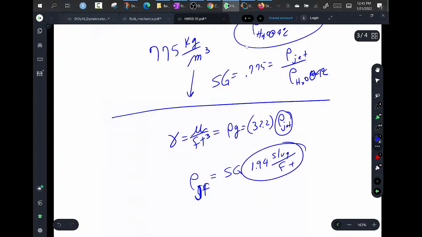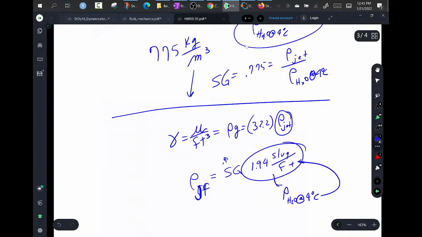If you look in the table, that's where it says that's the density of water at 4 degrees C, but it's in these units.